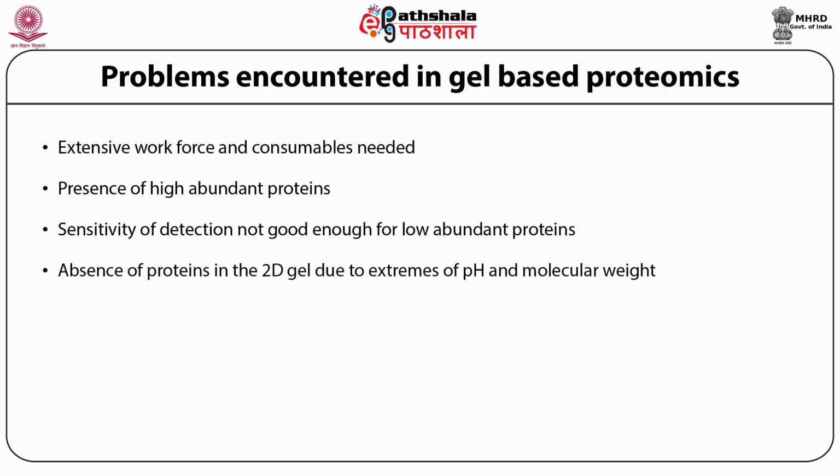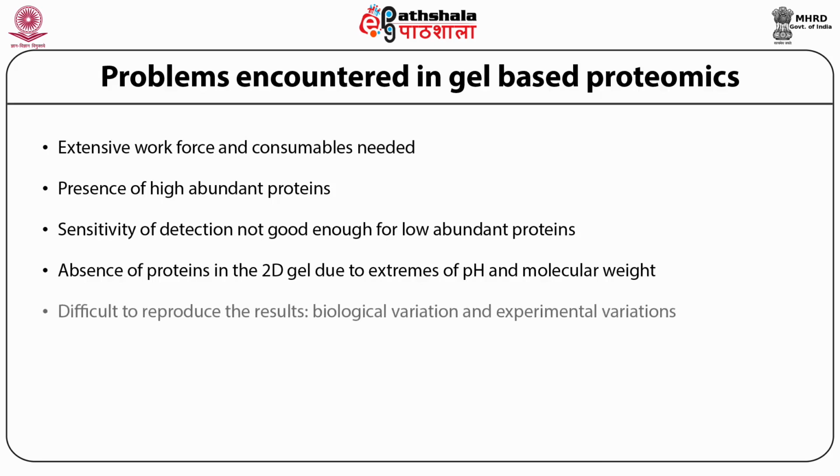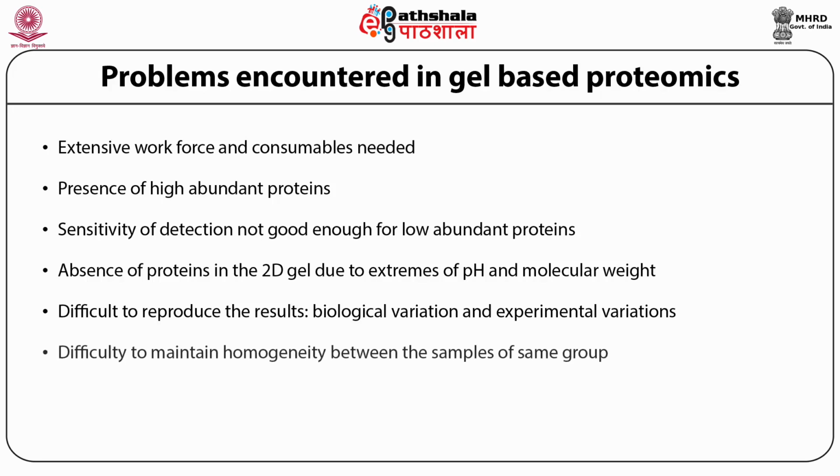There's absence of proteins in the 2D gel due to extremes of pH and molecular weight. There is sometimes difficulty reproducing the results, and this complicates biological variation and experimental variations. There's difficulty maintaining homogeneity between the samples of the same group.